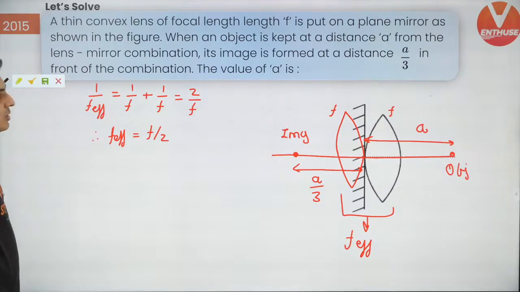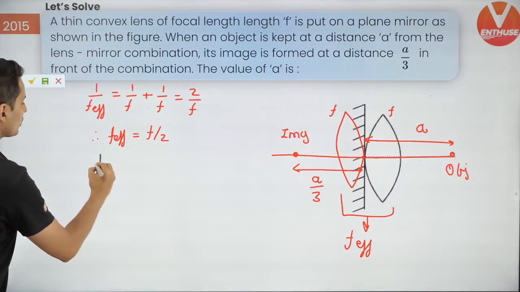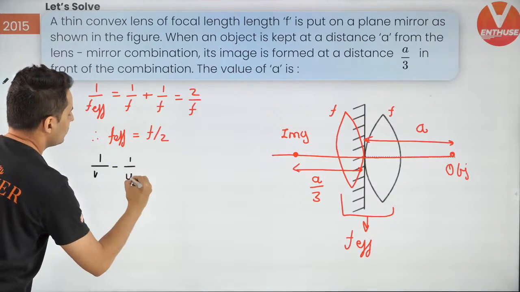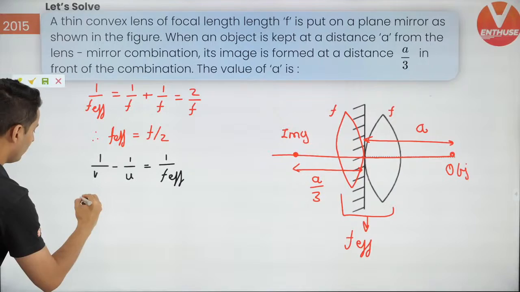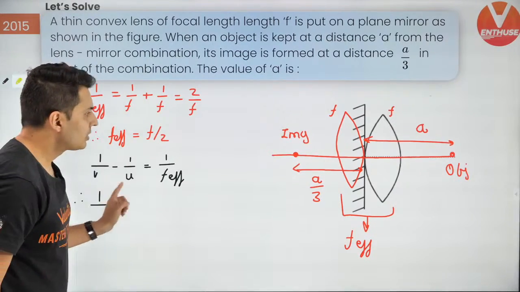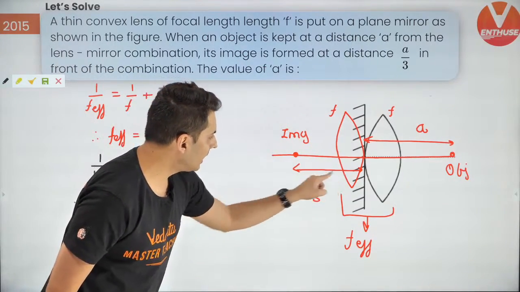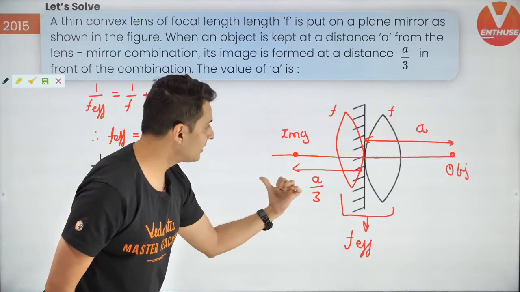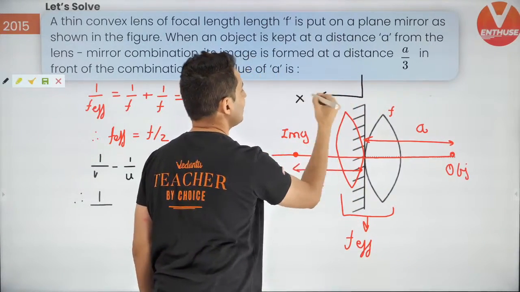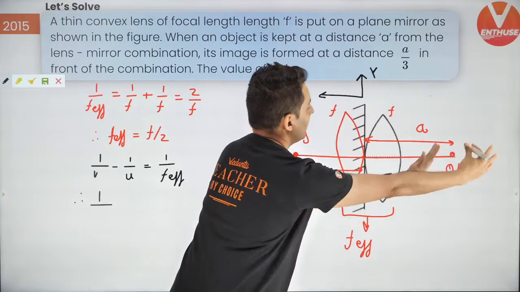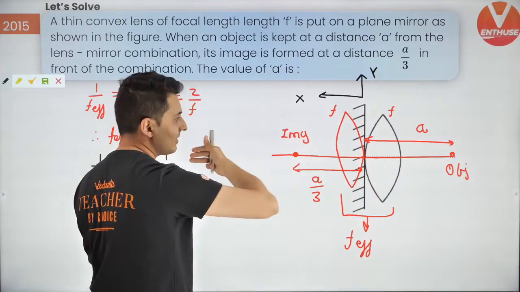Next up, I'll use the lens formula. 1 by v minus 1 by u is equal to 1 by f effective. Therefore, what is 1 by v? v is image distance and it will be plus a/3. Be careful now. The sign conventions have changed. This is the positive side, this is the negative side, because the rays will come from that side.